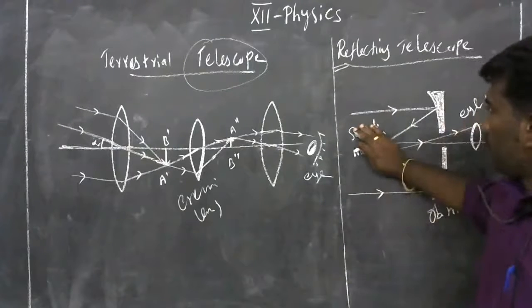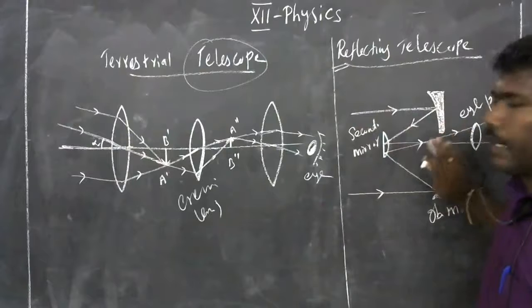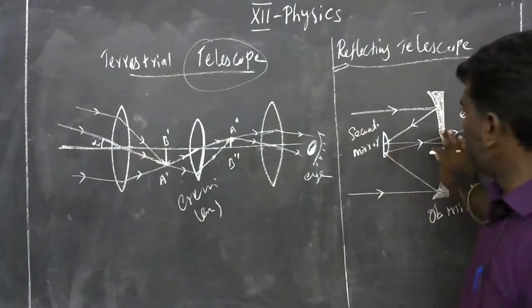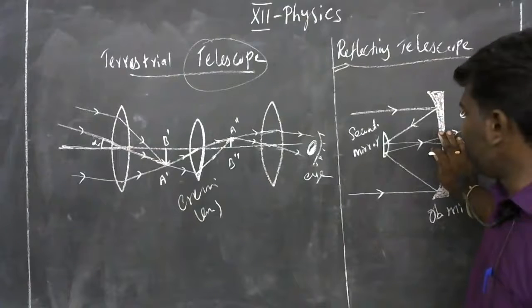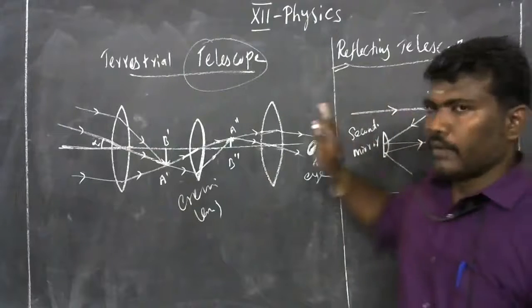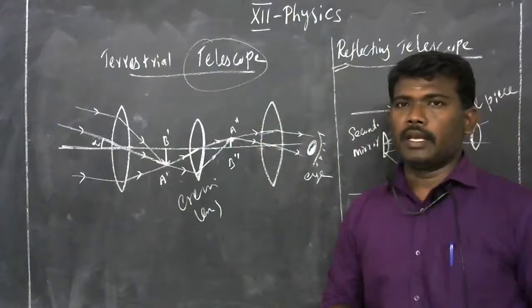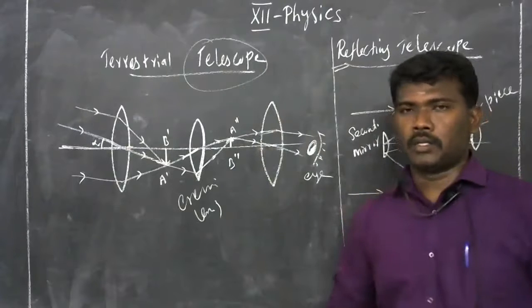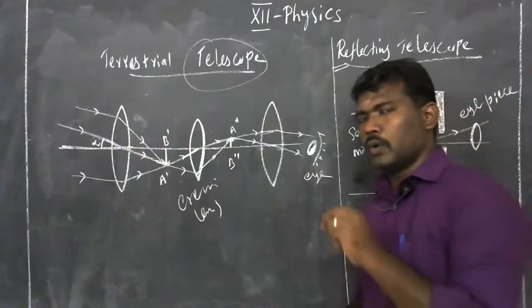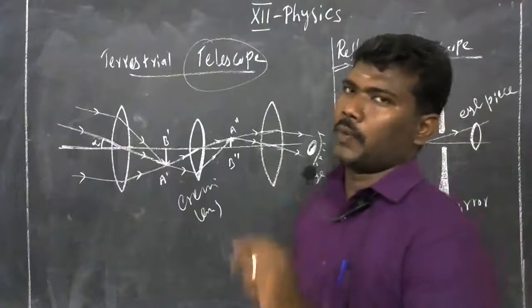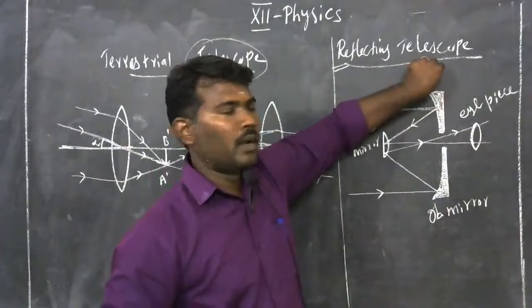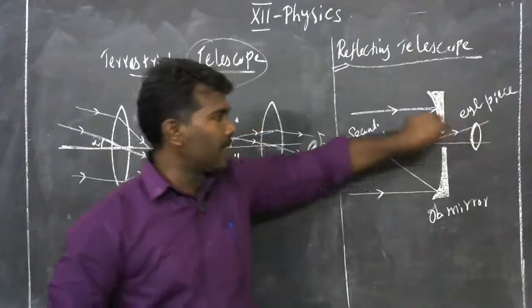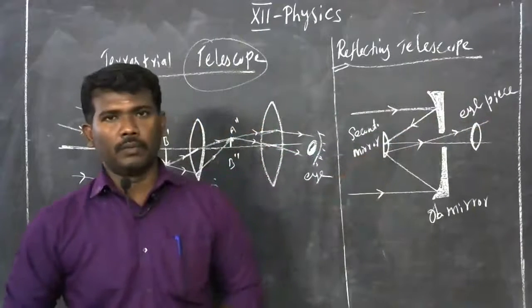Here, this is the axial reflecting telescope. If you are using the reflecting mirror as an objective, it will form the image inside the instrument. So if you want to view the image formed by the reflecting telescope, we fit the eyepiece inside the telescope.